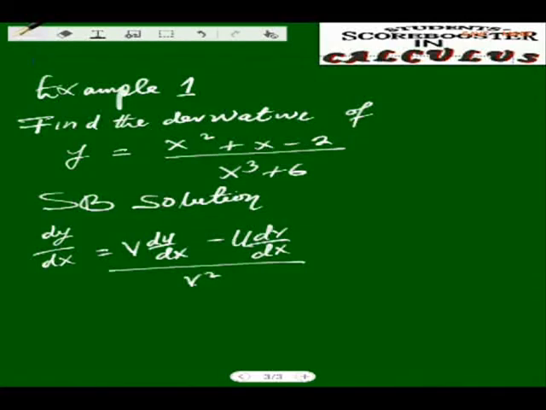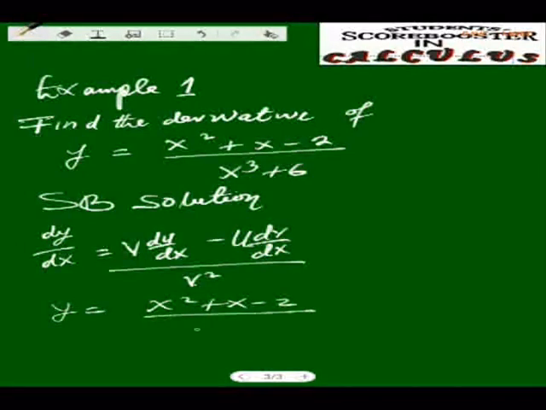So having done that, the next thing is to find your u and to find your v. So we know that y is equals to x squared plus x minus 2 over x cubed plus 6. So this is our u and this is our v.